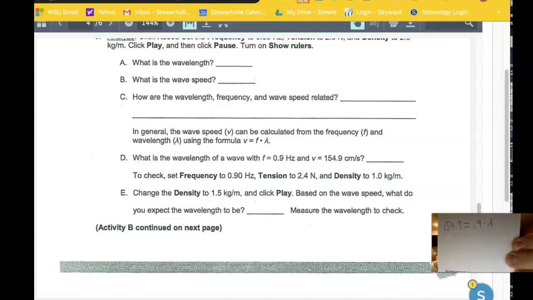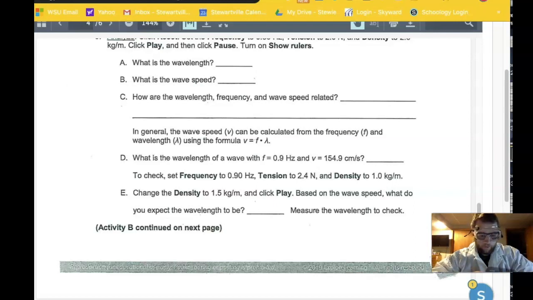That's going to get us our wavelength. Okay, so when we do 154.9 divided by 0.9, we end up with a wavelength of 172.1 centimeters.